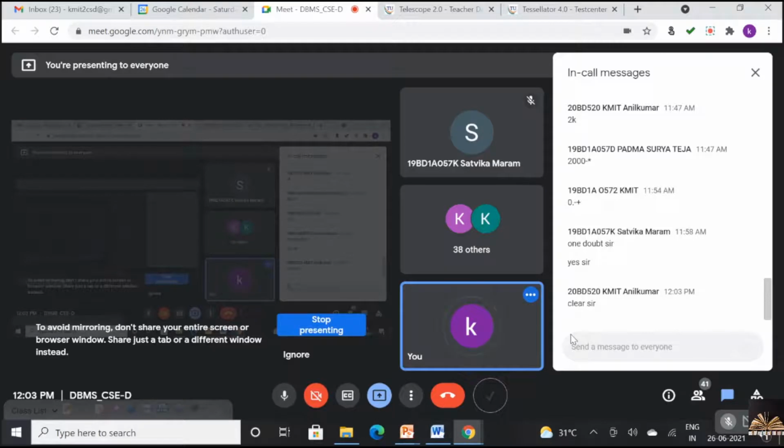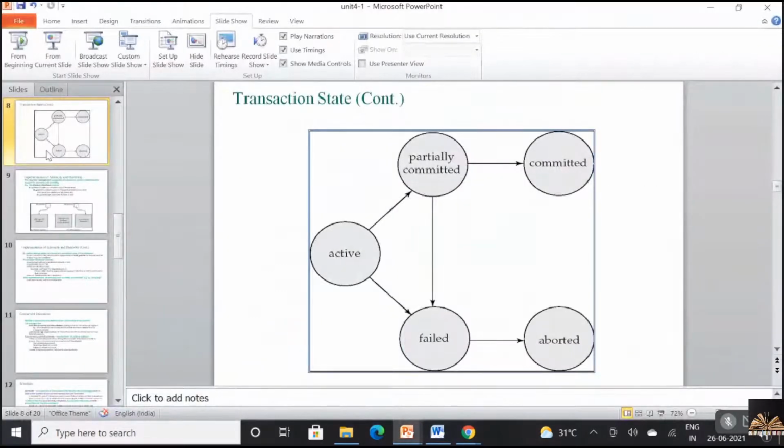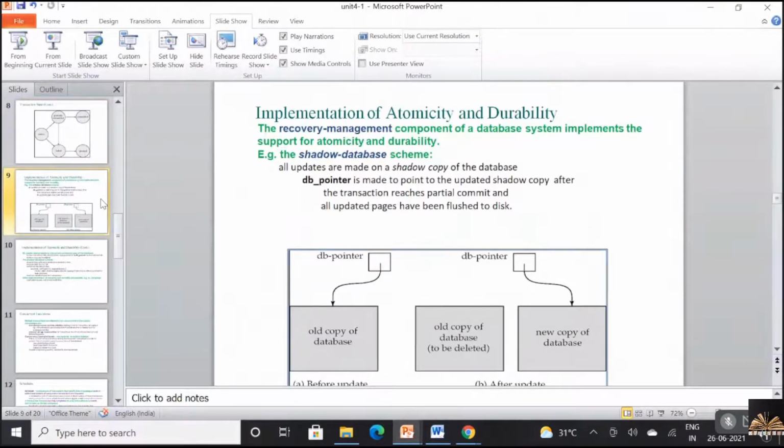Okay. Now, see, the next topic would be implementation of atomicity and durability. And this is done by the recovery management component of the database system.